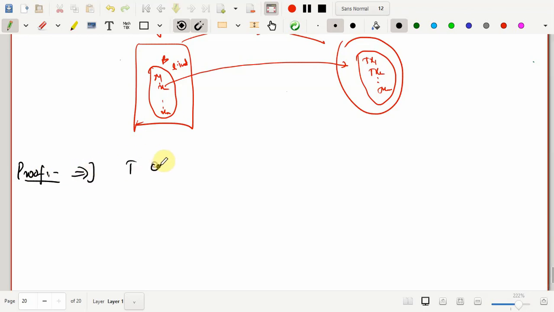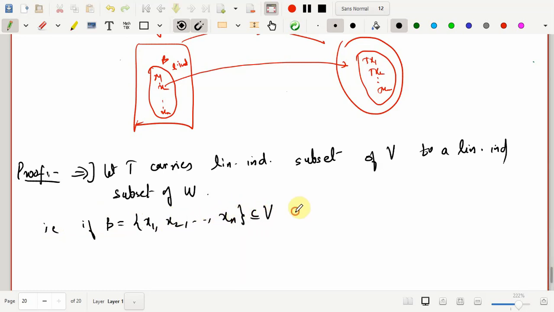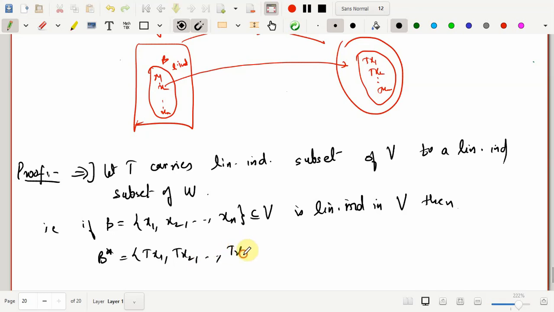First, let T carry a linearly independent subset of V to a linearly independent subset of W, which means, I'll just write down the definition: if B = {x1, x2, ..., xn} is a subset of V and is linearly independent in V, then the subset B star of W, consisting of the image points, is linearly independent in W. So we are assuming that this is true.